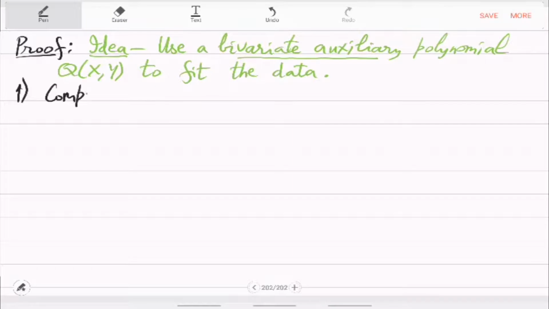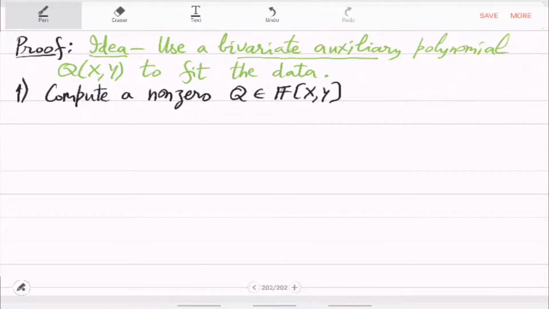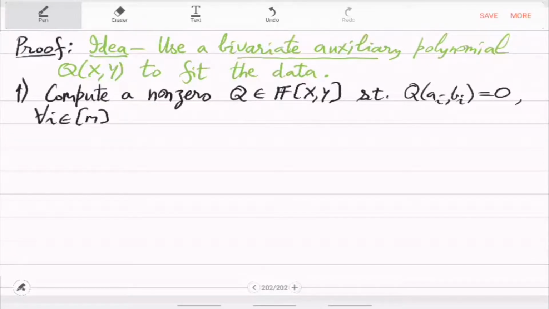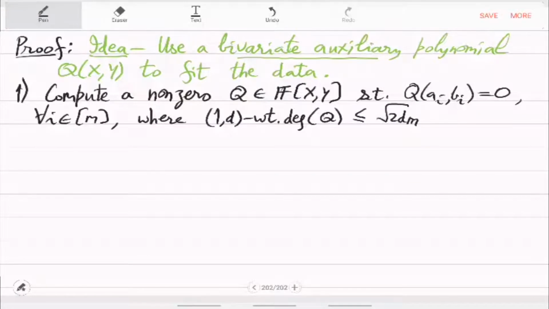So compute a non-zero Q bivariate over the finite field F such that Q(ai, bi) is 0 for all the input data points, where the weighted degree of Q is bounded by square root of 2dm.